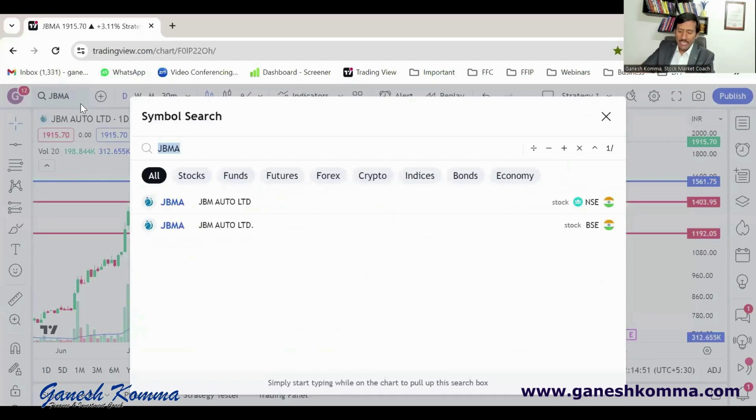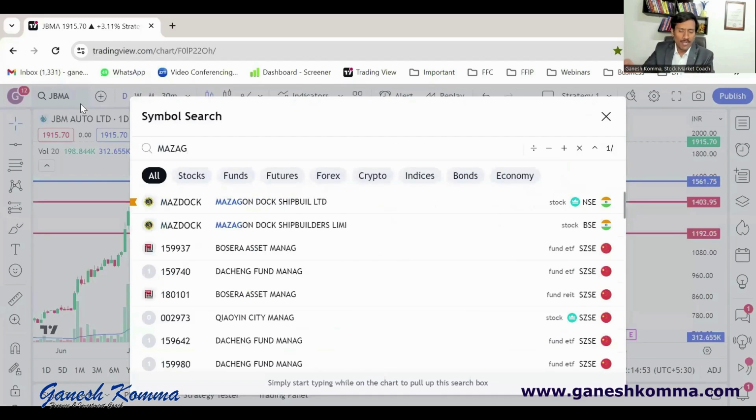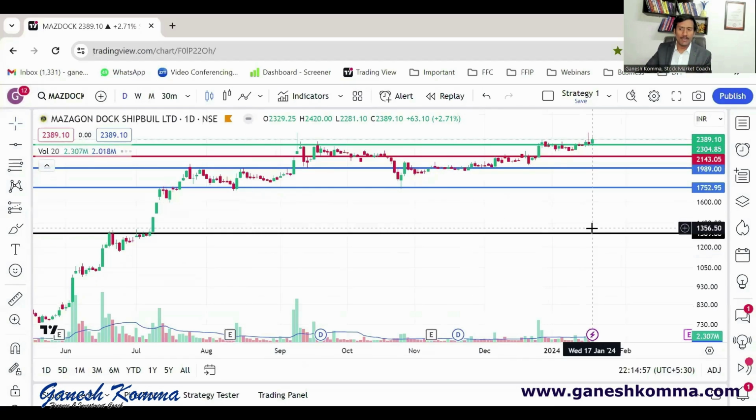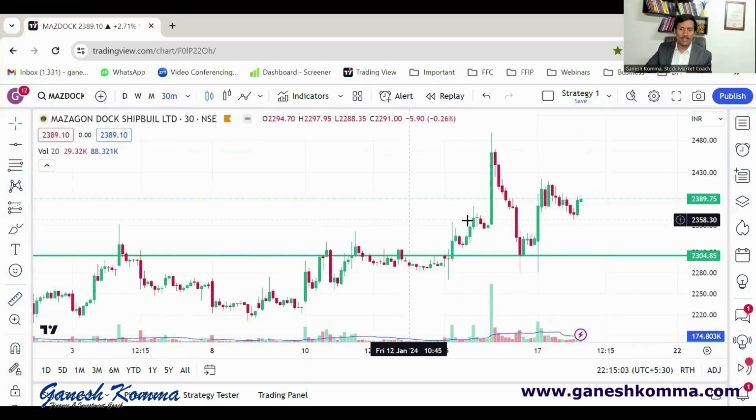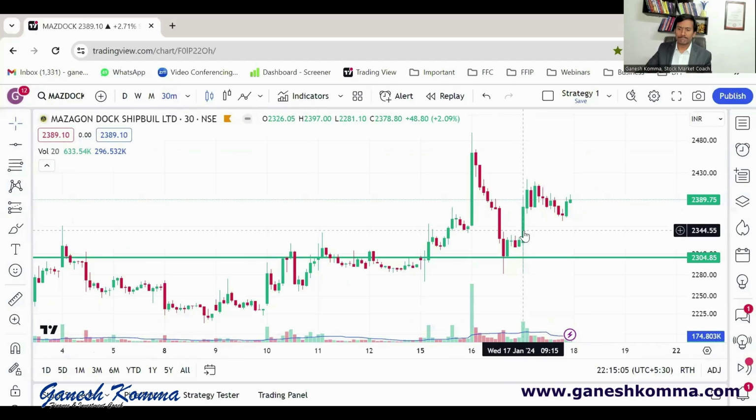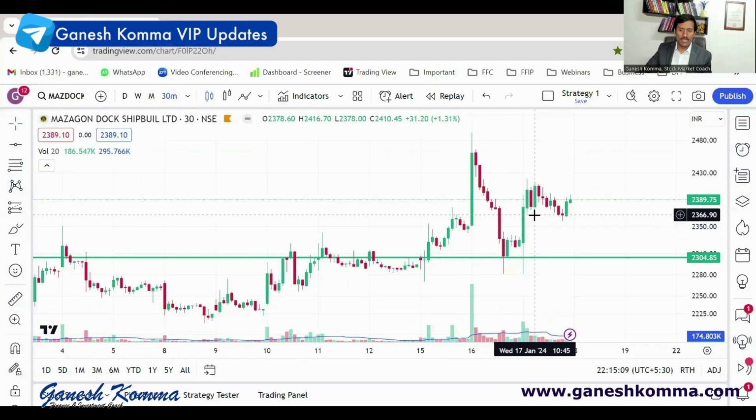Even in the same Mazagon example, Mazagon Dock in type 2 of live entry, yes, a good consolidation. Even on a 30 minutes candle, at 9:15 or 9:45, even again at 10:45, a good formation is happening.